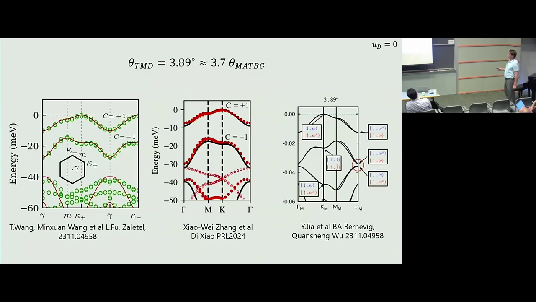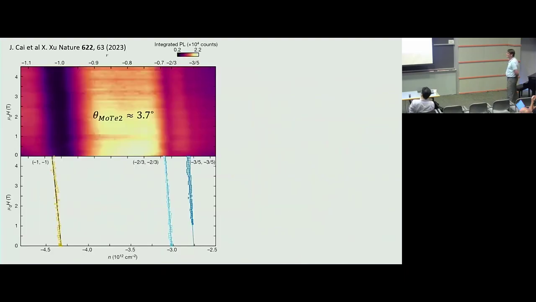Now, 3.89 is significantly larger than the twist angle for MATBG, magic angle twisted bilayer graphene. And so in order for us to study the physics at finite external magnetic field, we have to thread a lot less flux through a unit cell to access magnetic fields that are shown in this plot.